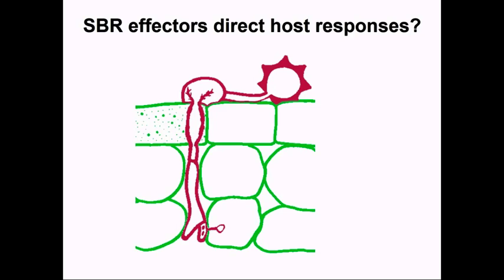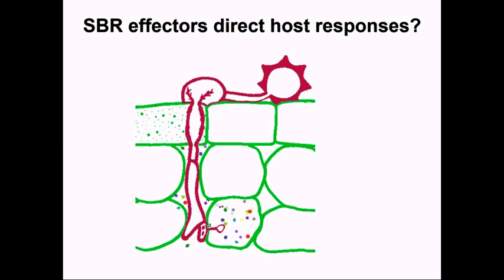And what we know from other fungi, and this should be true for soybean rust as well, is that these fungi express proteins either in hyphae or in their haustoria that are secreted out of the fungus and taken up into the plant cell, or they may have activities actually outside of the plant cell as well. But these would be the effector molecules, or the effector proteins, that we're interested in.